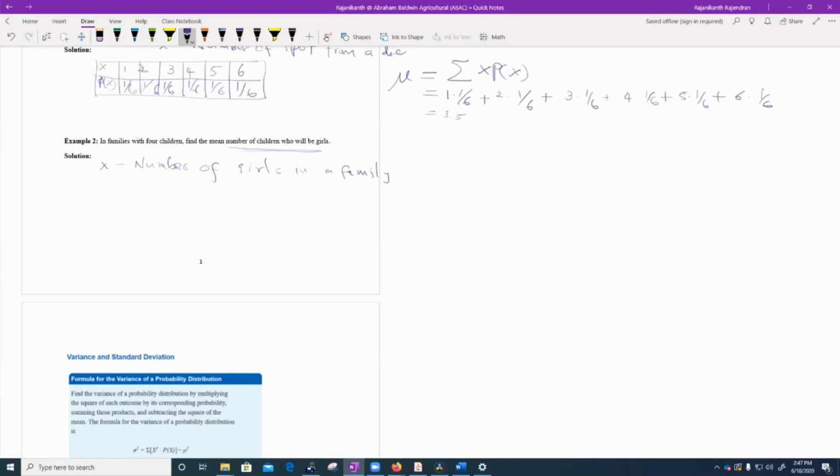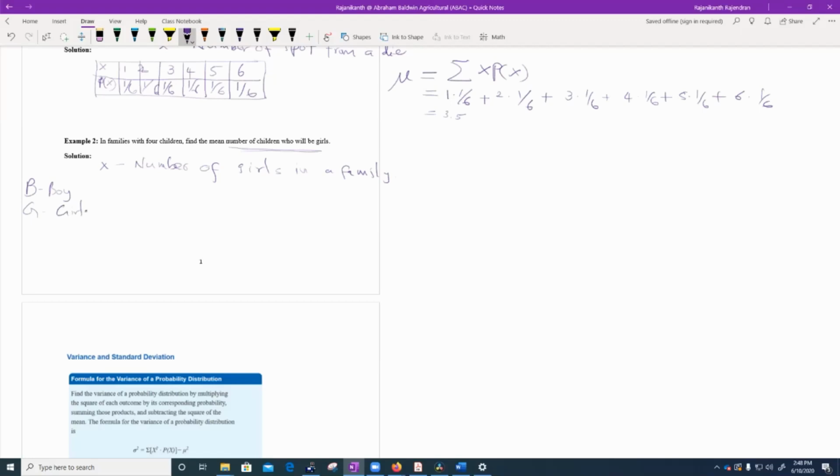So how are we going to find the probability distribution table? Well, first of all, you need to identify the sample space for this particular event. So what are the possible outcomes we may have if the family has 4 children? So we need to list down all the possibilities. So let B be the boy and G be the girl in that family.